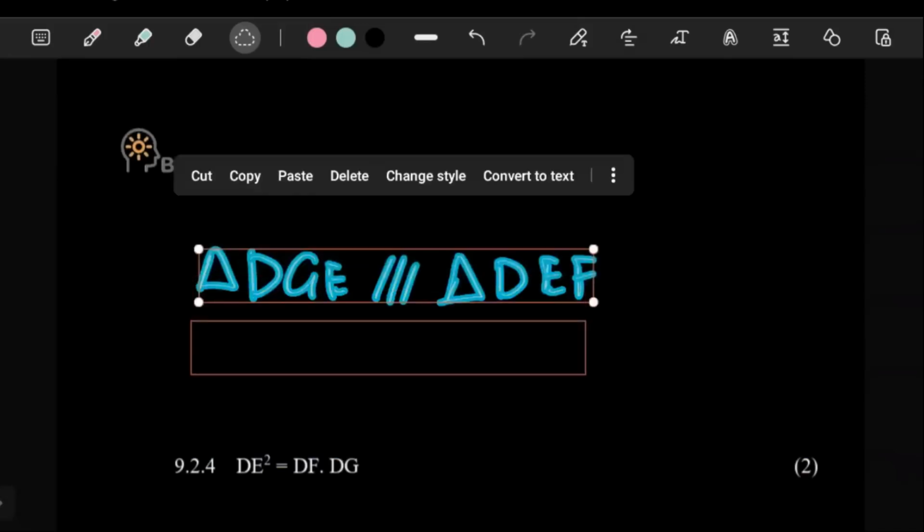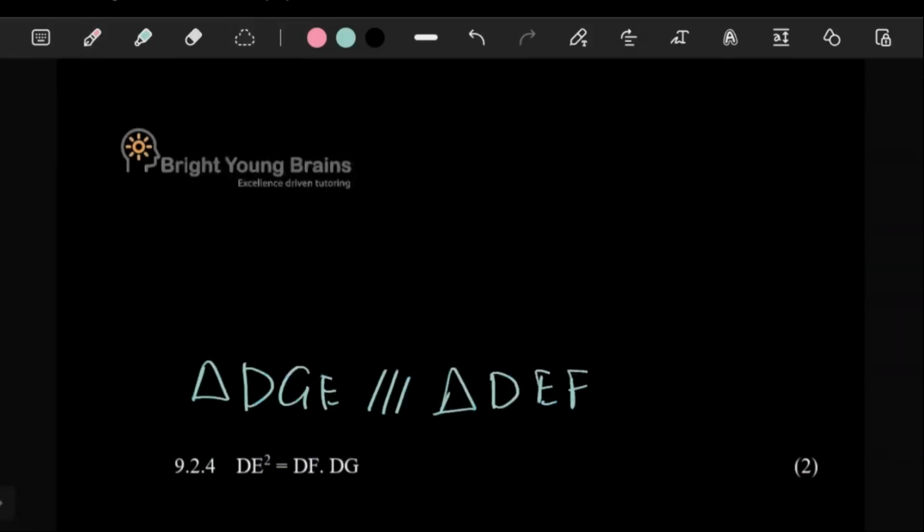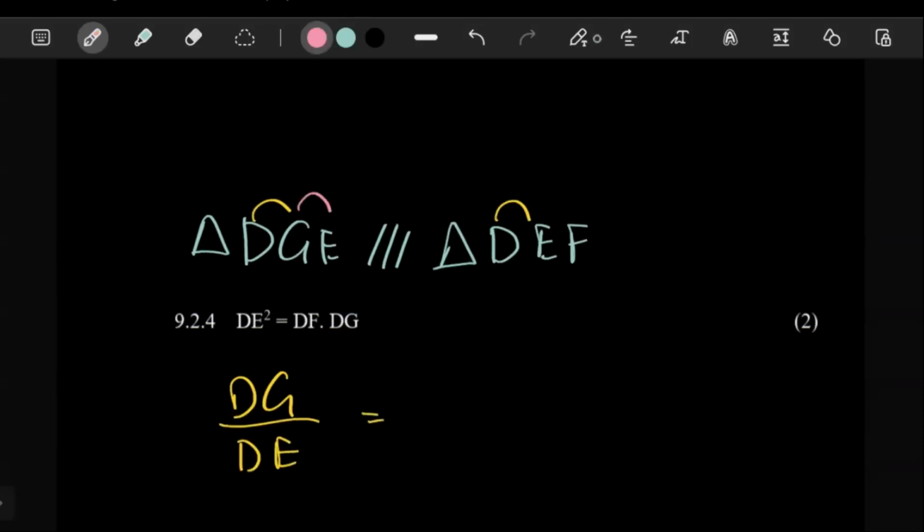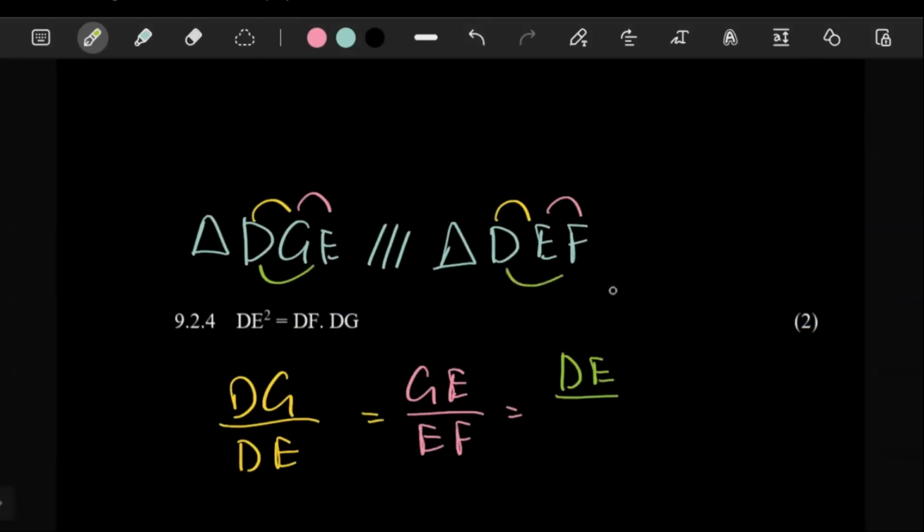As long as your triangles are similar, you know that DG over DE is equal to GE over EF, and this is equal to DE over DF. The reason here is the proportionality theorem.